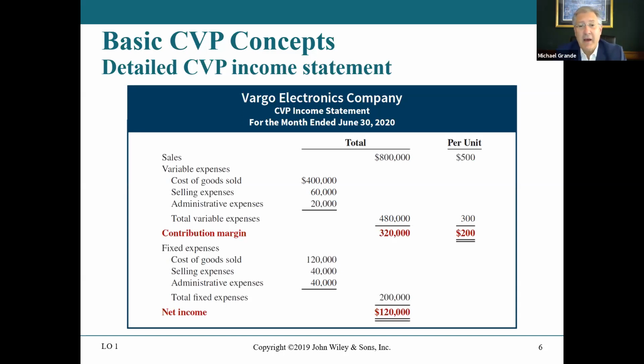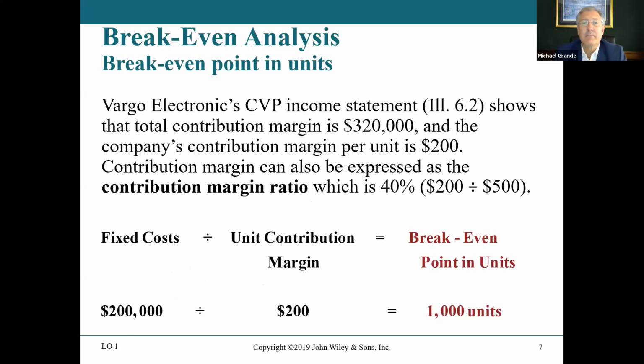Now, let's keep in mind, all 3 of these items, cost of goods sold, selling expenses, and administrative expenses, are mixed costs. That's mixed with an M. They're mixed because they have both a fixed component and a variable component. And you can see they put the variable components up towards the top and the fixed cost down towards the bottom.